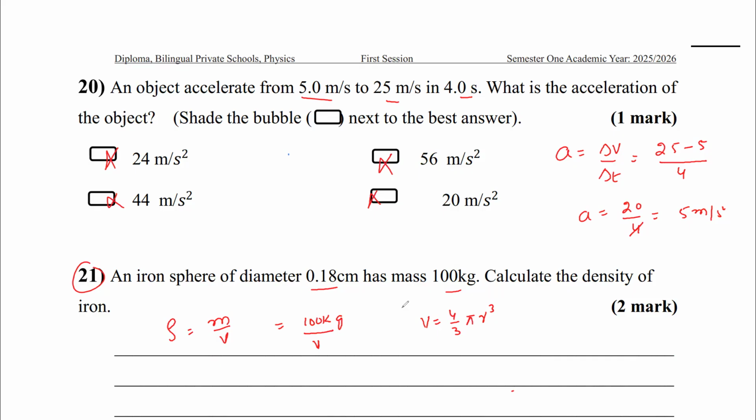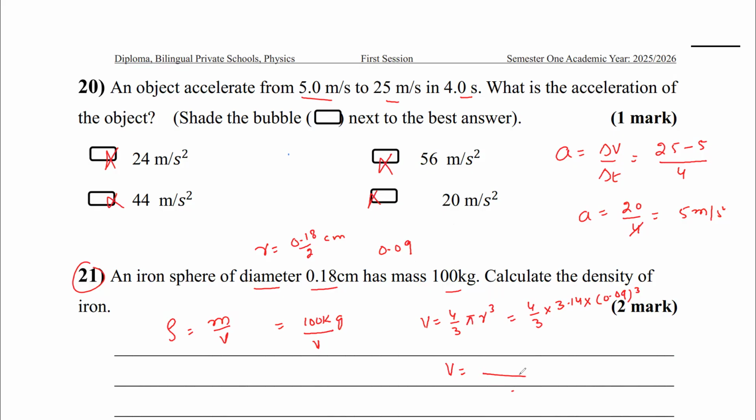Here the diameter is 0.18 centimeters. So what is the radius? Obviously the radius is 0.18 divided by 2, which is equal to 0.09. So the volume is 4 divided by 3, times pi, which is 3.14, times the radius 0.09 cubed.